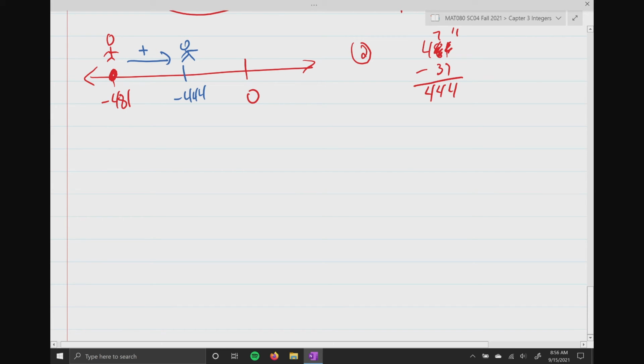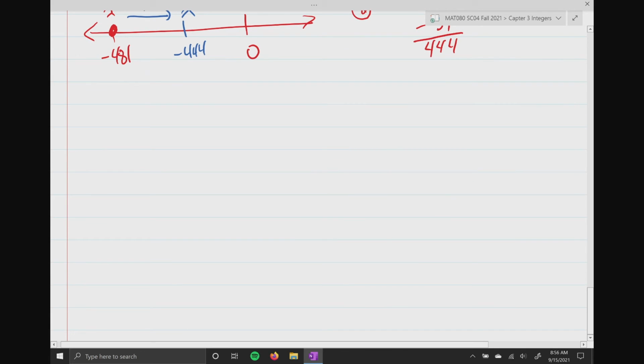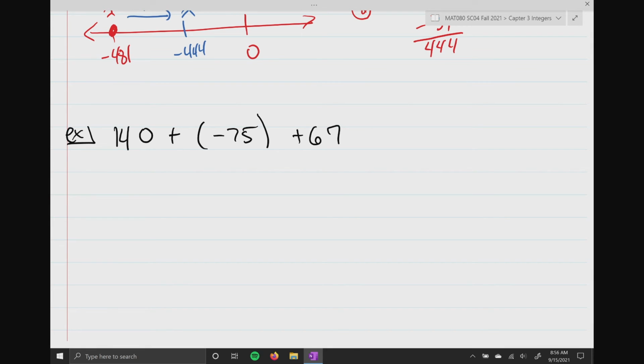The hardest part about all this is just trying to keep everything in order. All right, so let's look at this problem right here. $140 plus negative 75 plus 67. So now I have three numbers that I'm combining.